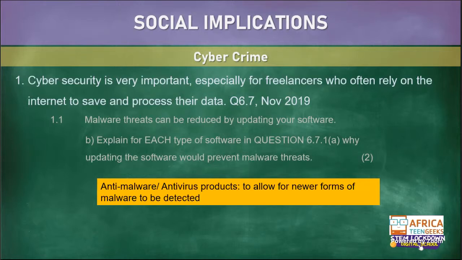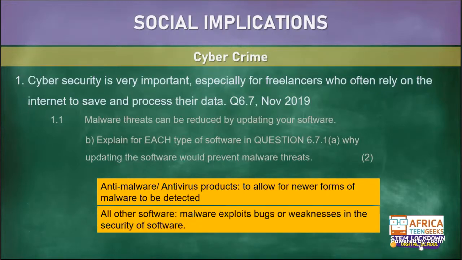That's why it has to be updated maybe every 2, 3, or 5 days or per week. And then to allow for malware that exploits bugs or weaknesses in the security of the software. That's why you need even to update Windows, so that it helps to fix software bugs.